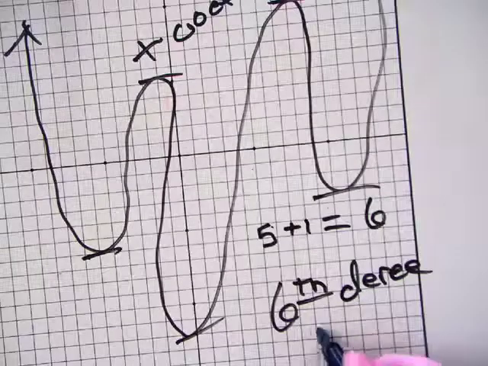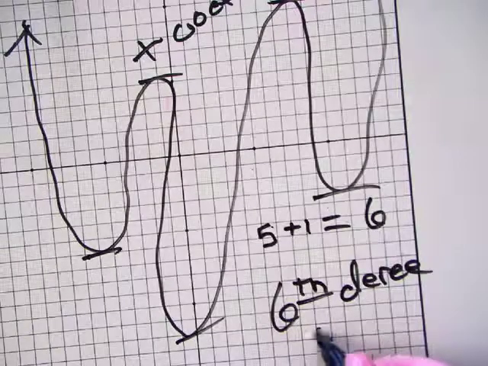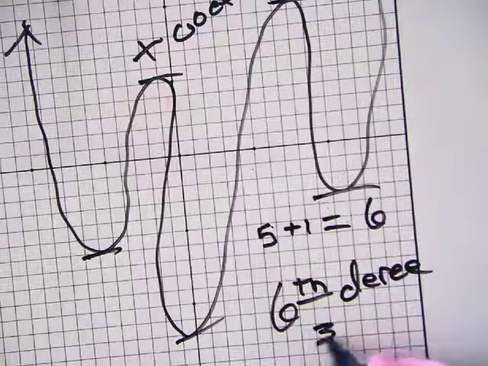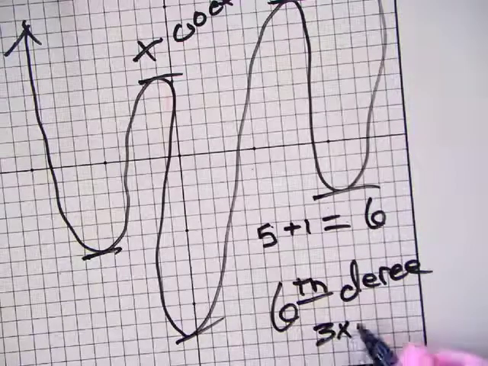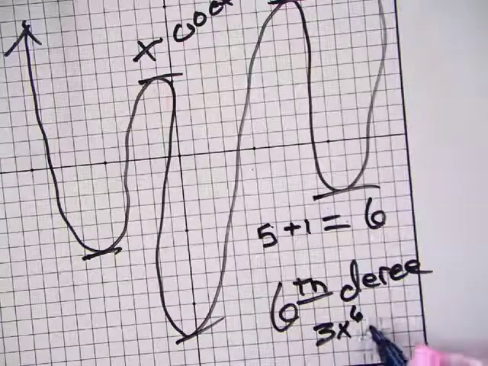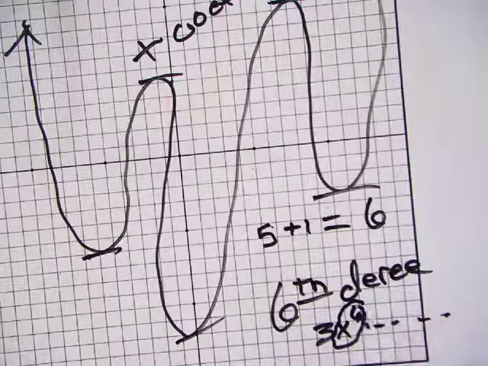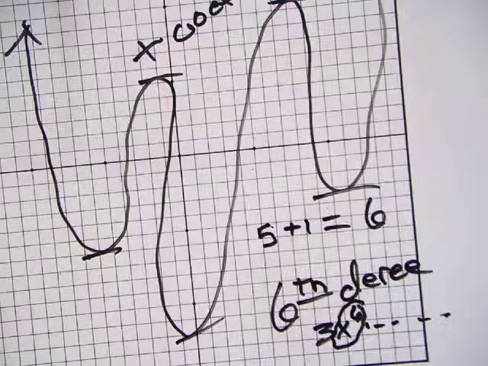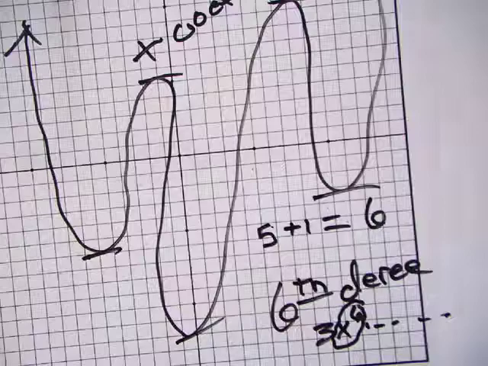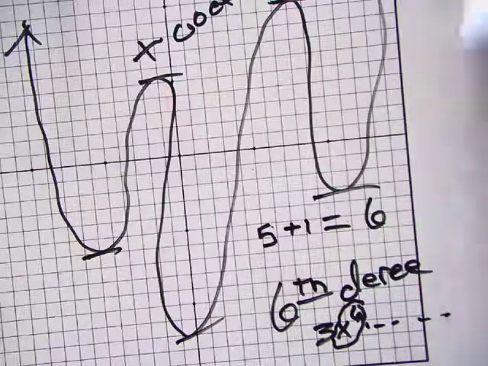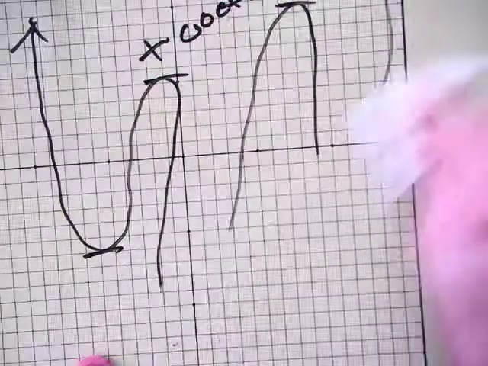So it'd be some number, I'm just making that up, but 3x to the 6th, and then so on. Okay, so I know that first variable and exponent is going to be x to the 6th. So I can look for that on the multiple choice tests or whatever comes up. Okay? So that's how knowing the leading coefficient and the degree become helpful.